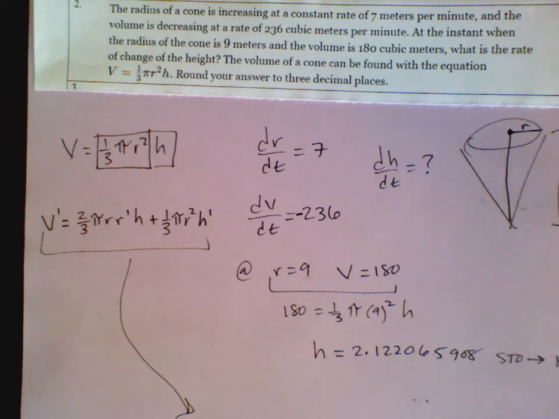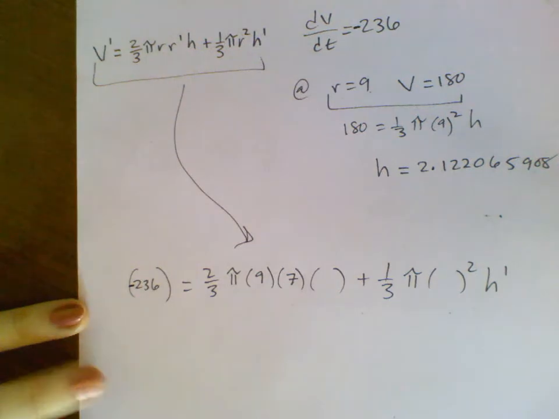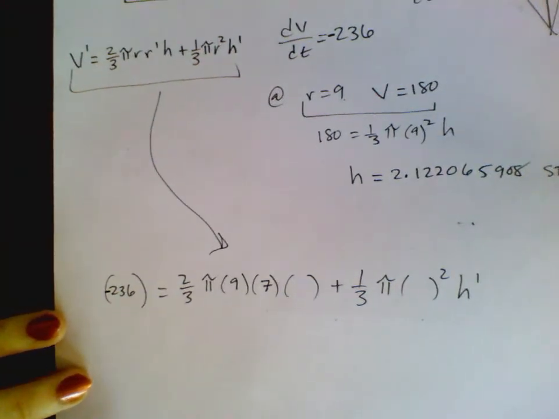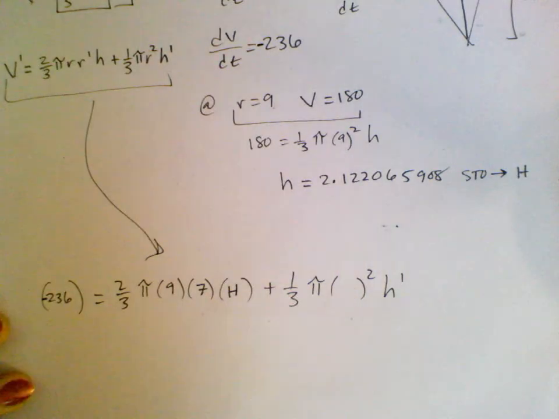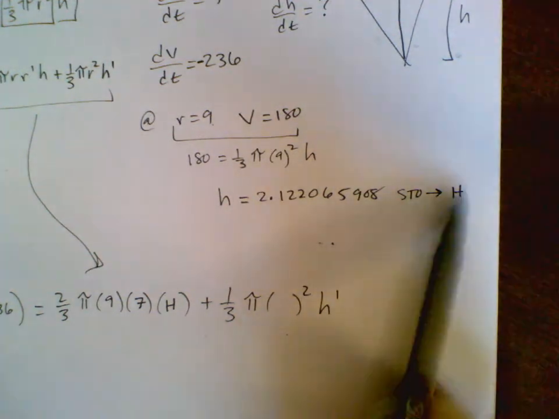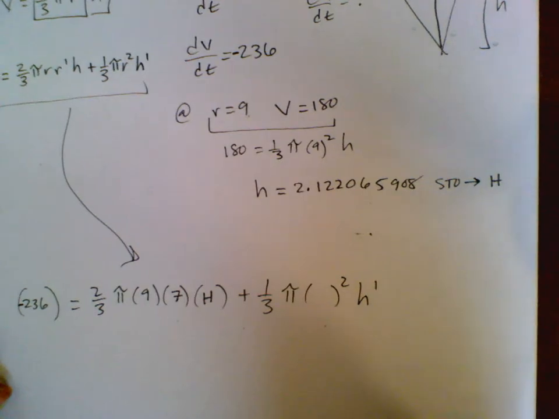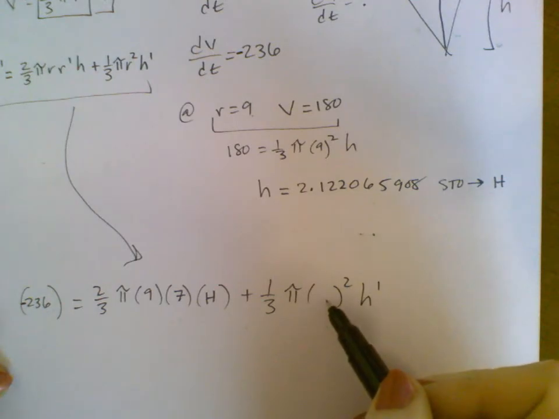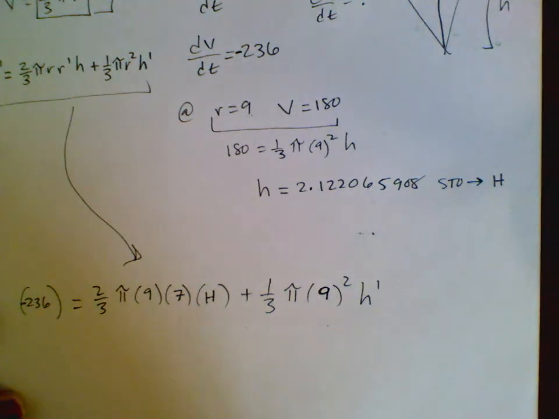This is probably driving you crazy this whole time. So that should have been a negative. Now what goes in for H? I stored it, so I'll put a capital H. As long as you're telling your reader that I stored this as H, then we're allowed to use it in our expression because they should understand what we're doing. And then this is an r, so that's 9.